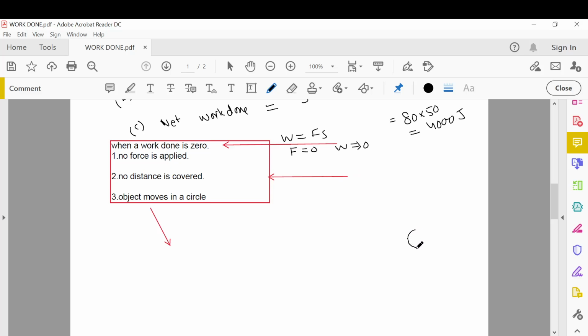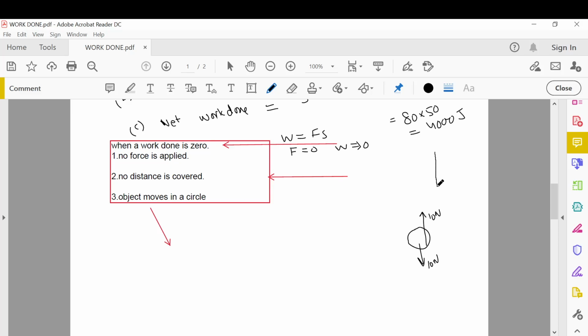A ball is falling with a weight of 10 Newton and the air resistance is 10 Newton. It falls and covers some displacement, but there is no resultant force, so there is no resultant work. Work done by the weight is equal to work done by the air resistance, so they cancel out, and we say there is no resultant force, therefore there is no resultant work.